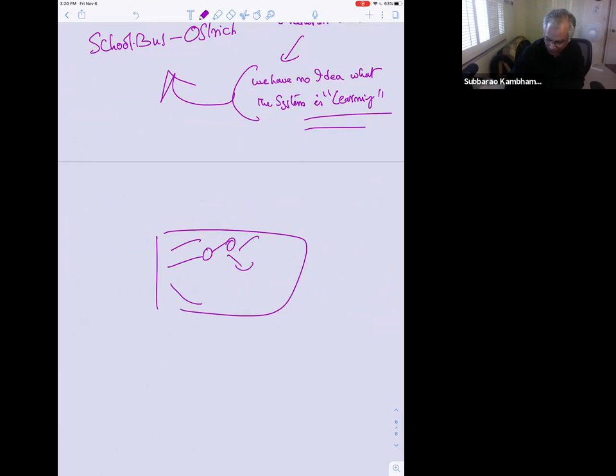You put the image on this side, and you initialize the weights randomly first. Then for each image, you put it in, it will say class 7.